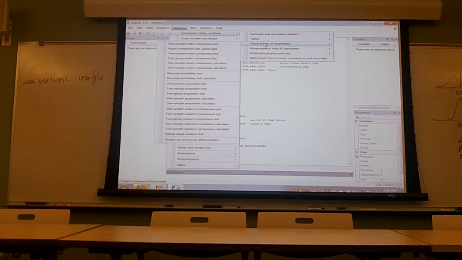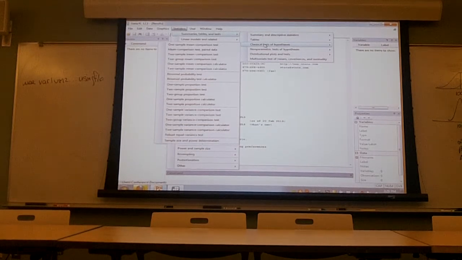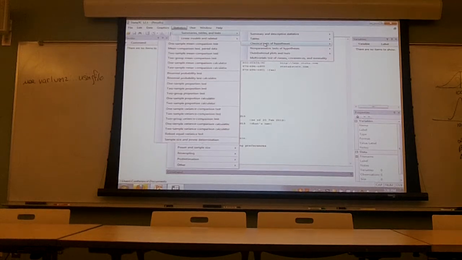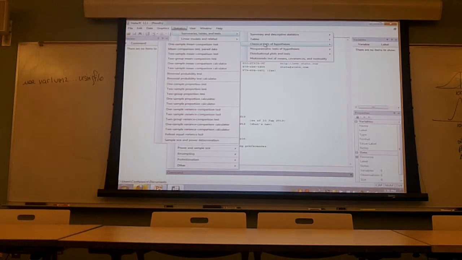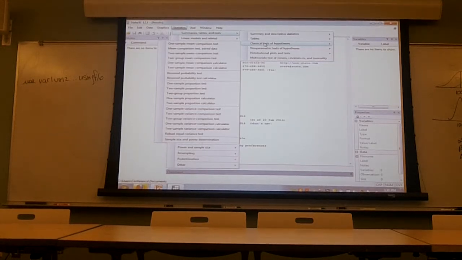What's homoscedasticity? Homo means the variances are equal, right? So Stata allows you to have different variances for each of the populations, but when we do sample size calculations, we generally tend to assume equal variances. Right? So let's pick a variance.